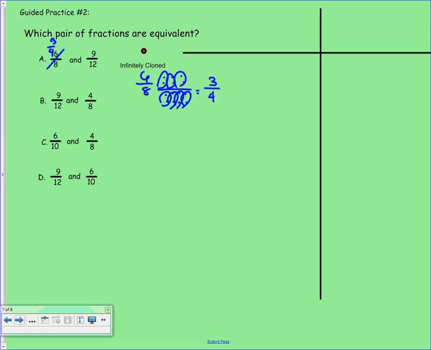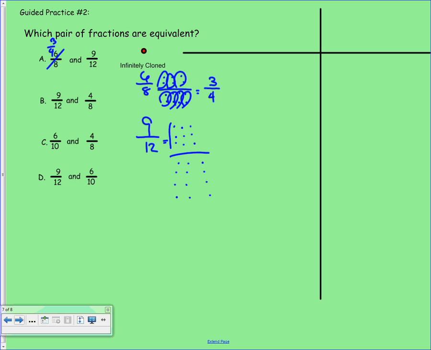Let's cheat a little bit, see if there's any more 6/8. No, there's not. Okay, 9/12. 1, 2, 3, 4, 5, 6, 7, 8, 9. 1, 2, 3, 4, 5, 6, 7, 8, 9, 10, 11, 12.